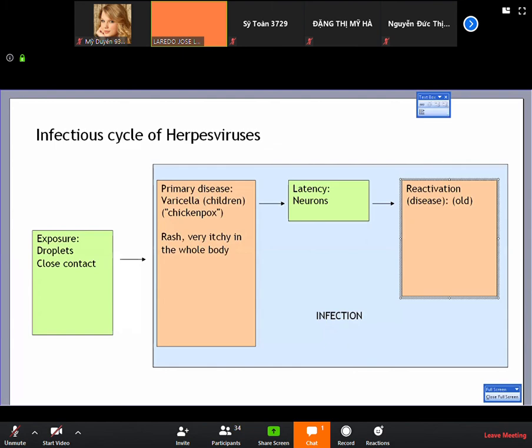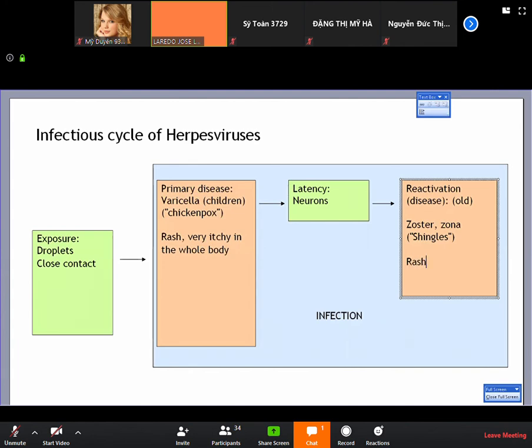The reactivation is opportunistic, and the reactivation is called zoster or zona, same. In English, they call it shingles, but I don't like this word because it's confusing. Because herpes simplex type 1 or 2 are also called shingles, so I don't like it. It's better to use the scientific name, zoster or zona. And what is zoster?